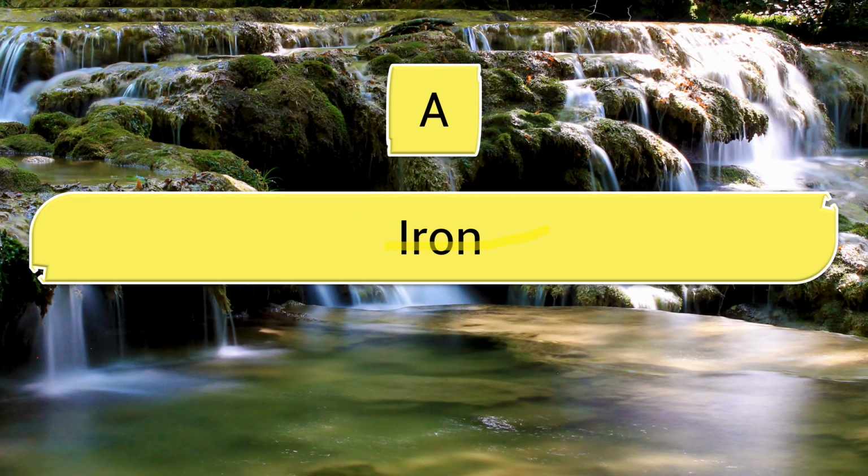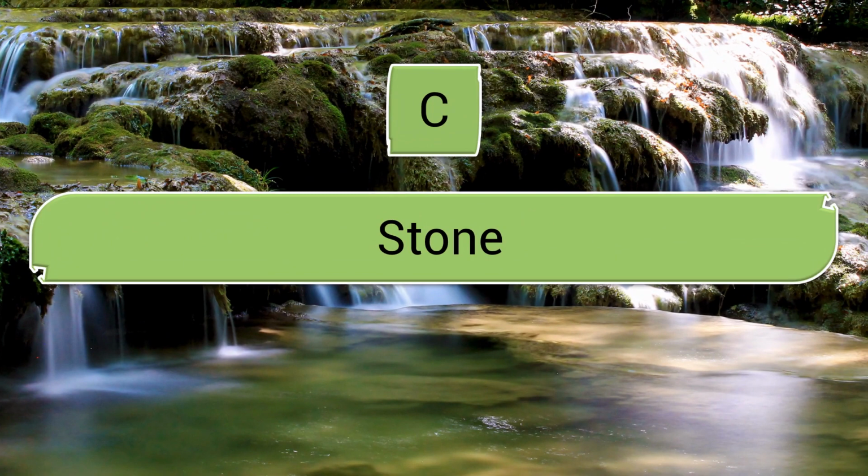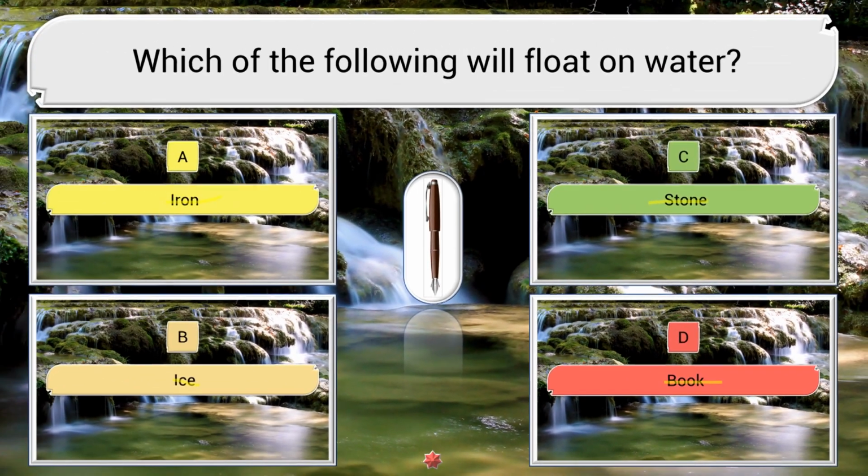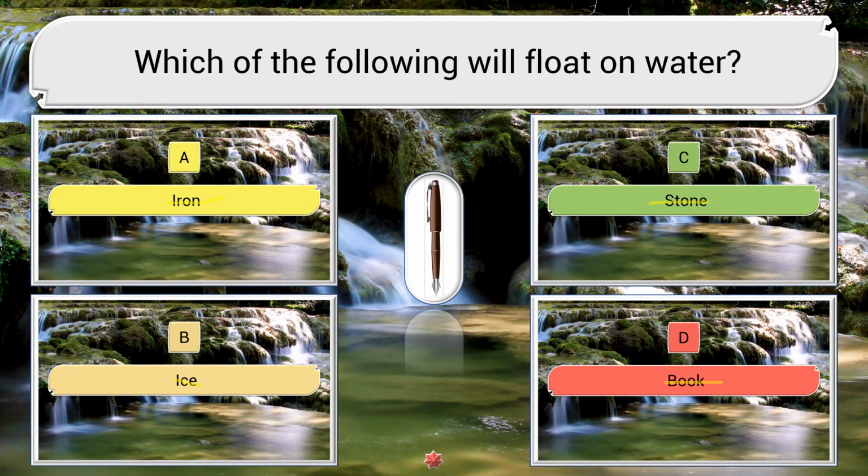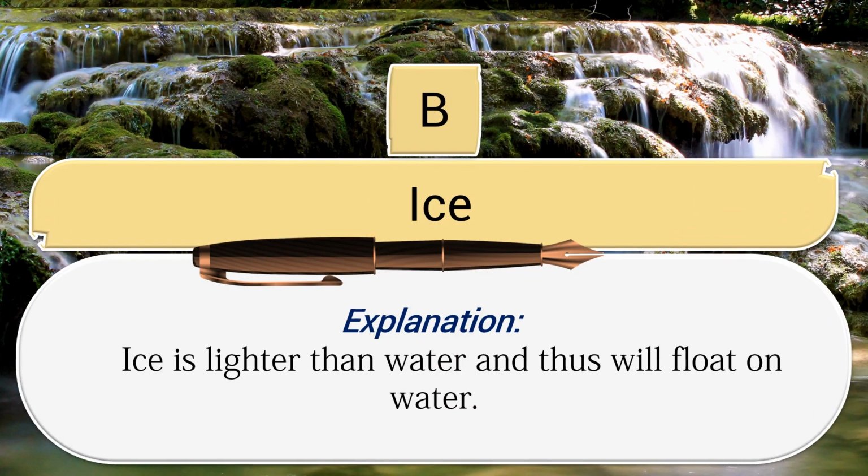Is it iron, ice, stone, or book? The answer is ice. Ice is lighter than water and thus will float on water.